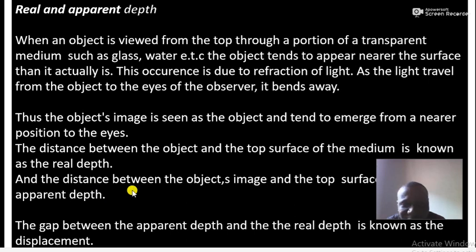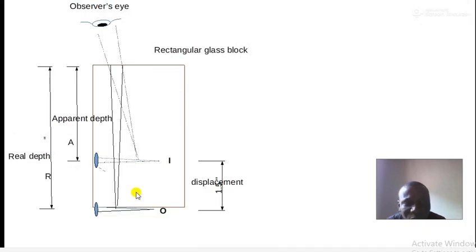Let's see this. Back again to this diagram, you can see that a ray of light from O will form an image at position I due to refraction. So rays of light, not a ray, will form an image at position I, which is closer to the boundary interface separating the medium where the object at O is.